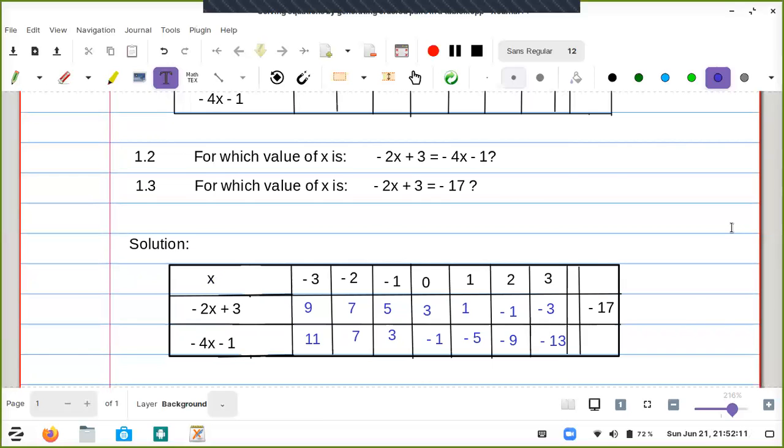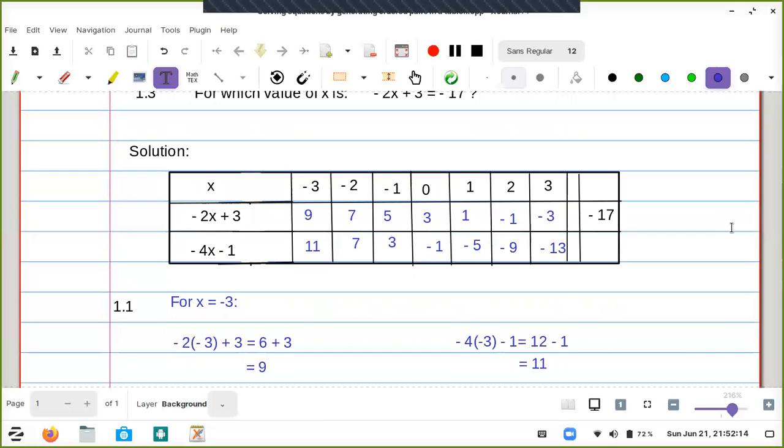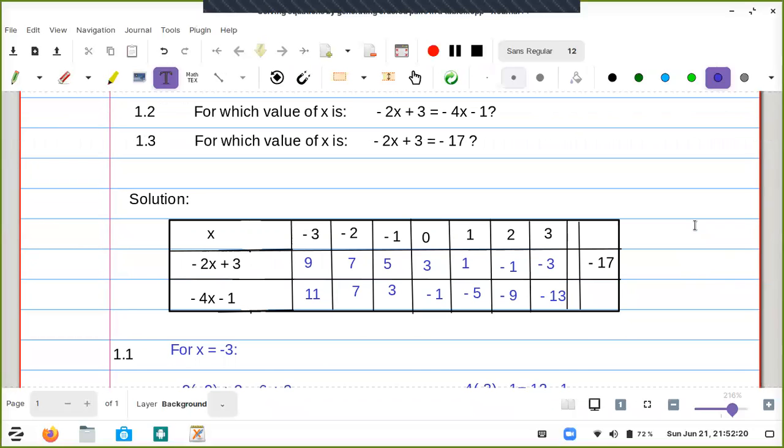I repeat again, for which value of x is -2x plus 3 equals -17, right? Now, we are going to use the calculation, right? We cannot make use of the table because we have not yet calculated that value, which gives us negative 17. However, we can continue with the pattern if you still remember, right?